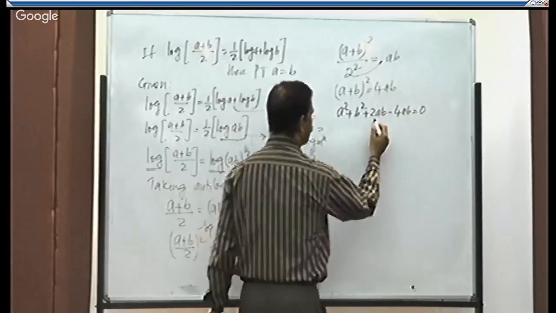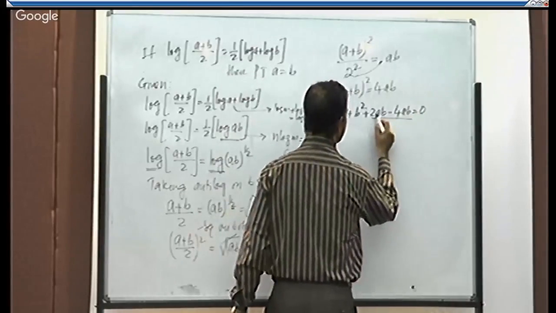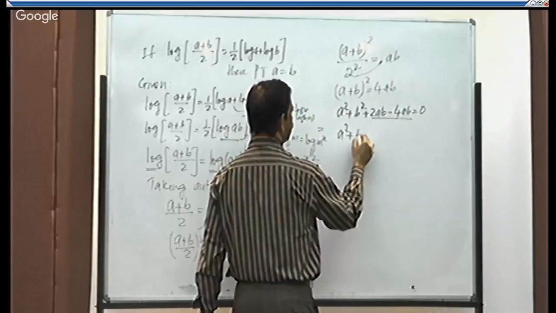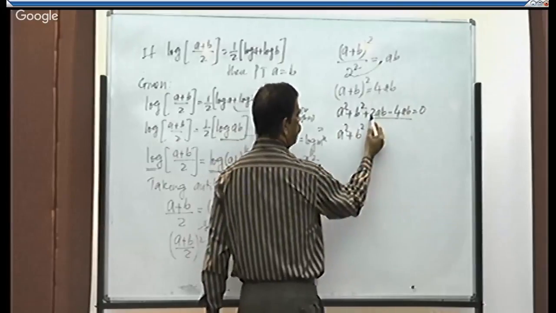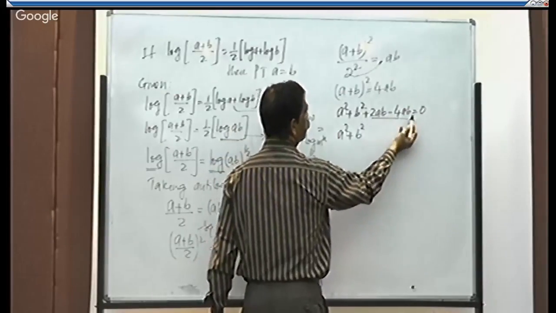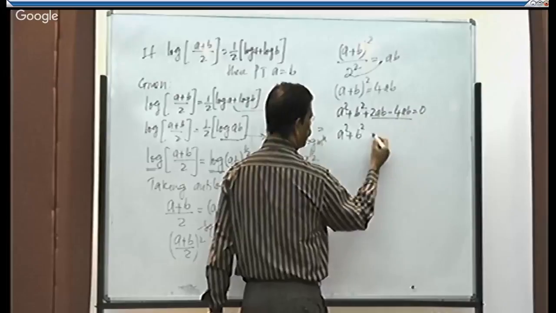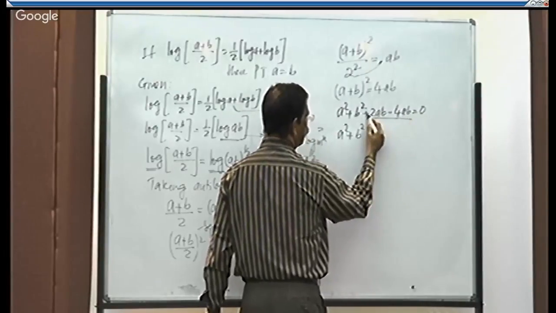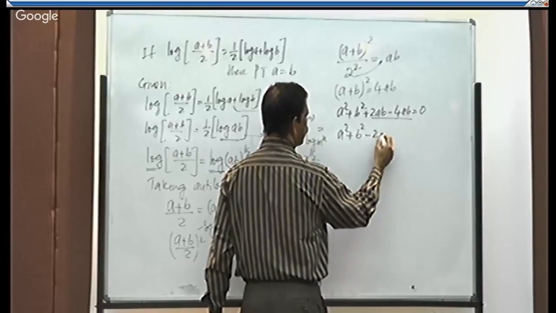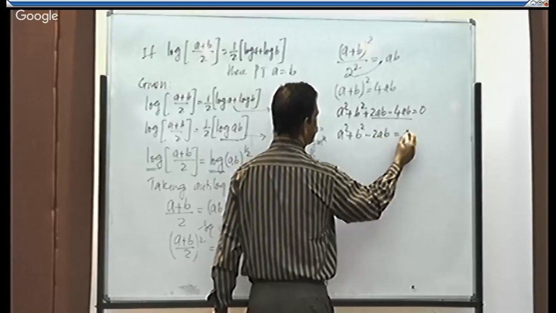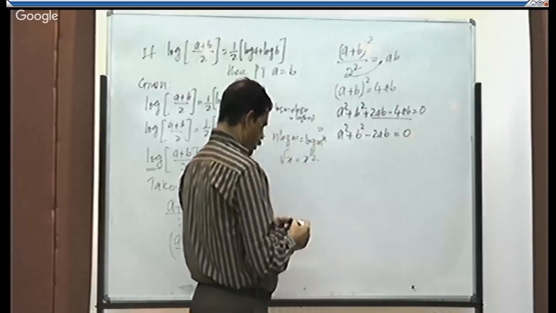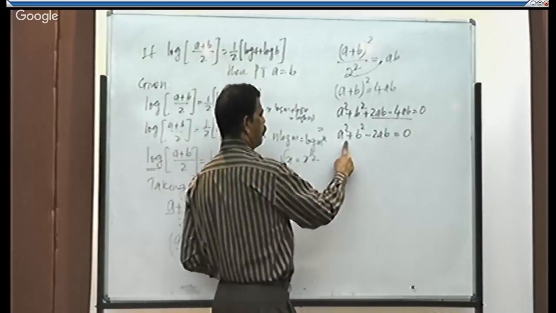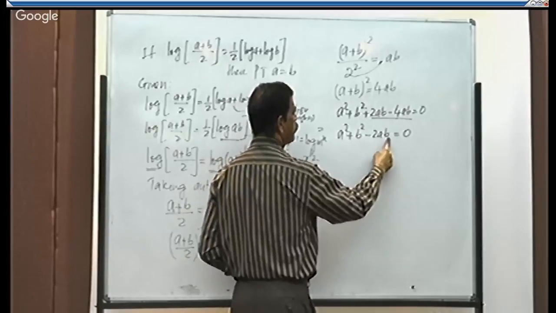These two are like terms, so we can simplify them. A square plus b square, and minus 4ab plus 2ab becomes minus 2ab, which is equal to 0. Look at the remaining terms: a square plus b square minus 2ab.